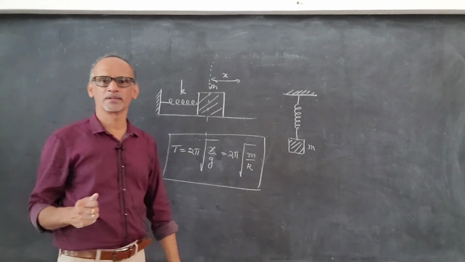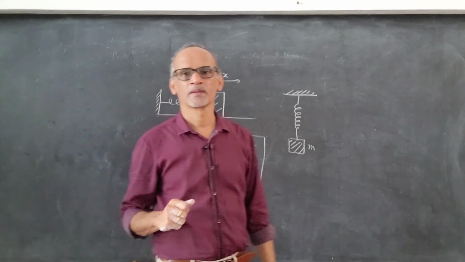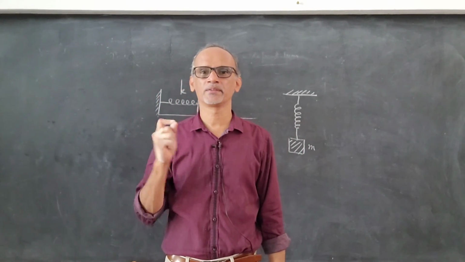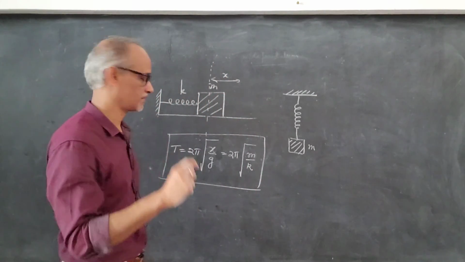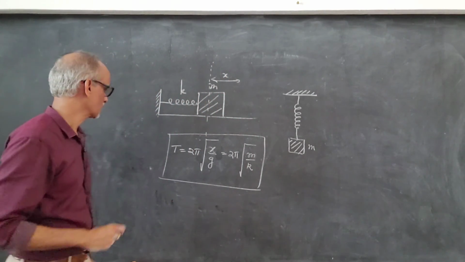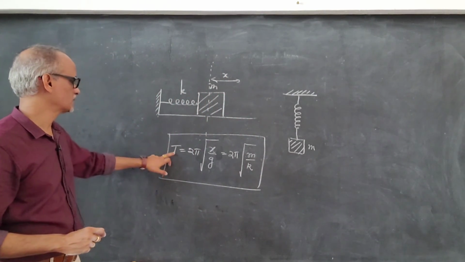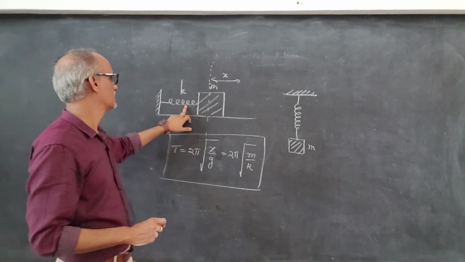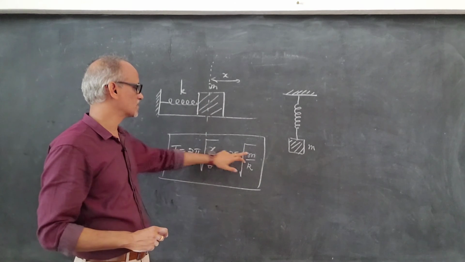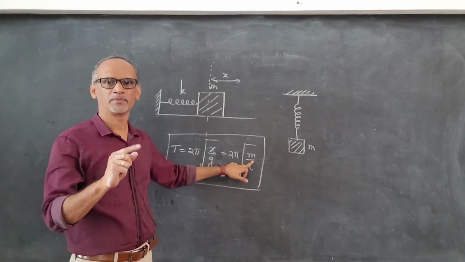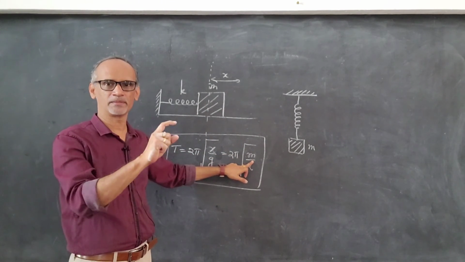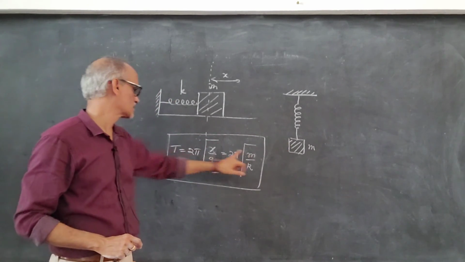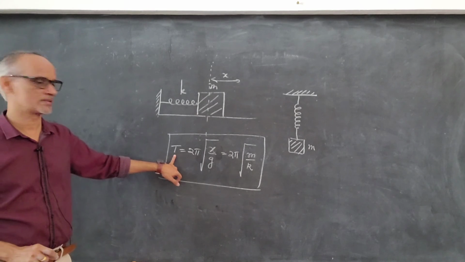So the time period of oscillation of a simple pendulum is independent of the mass of the pendulum bob, whereas the time period of oscillation of a spring connected to a block depends on the mass of the block. Greater the mass, more is the time period of oscillation.